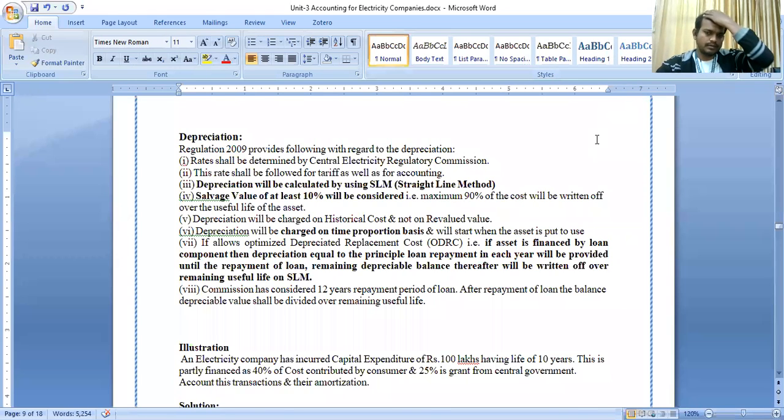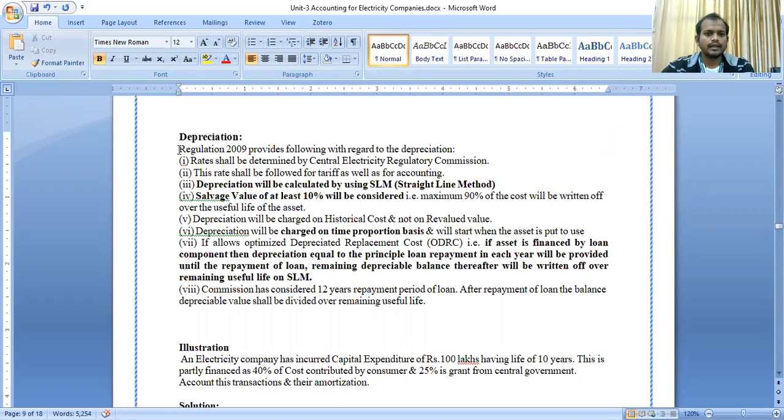Another important concept in electricity accounts is depreciation. How to deal with this depreciation while preparing the electricity accounts?